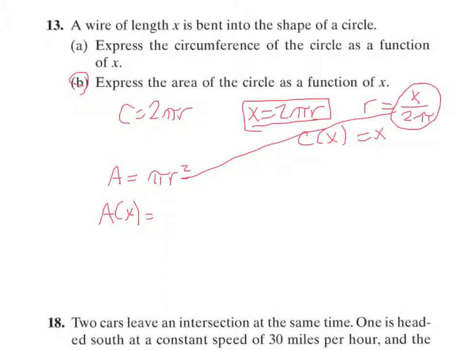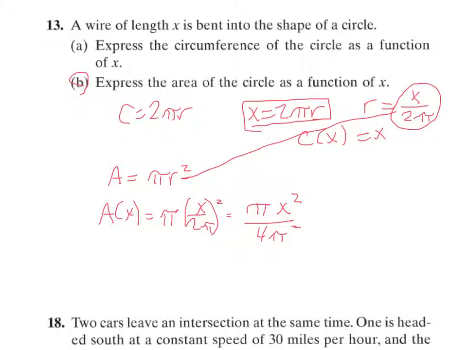Okay, so now I can take that and plug it in right there. So my area with respect to x then is pi times x over 2 pi, squared. Now let's simplify that. So we get pi times x squared over 4 pi squared. Now what can I do?